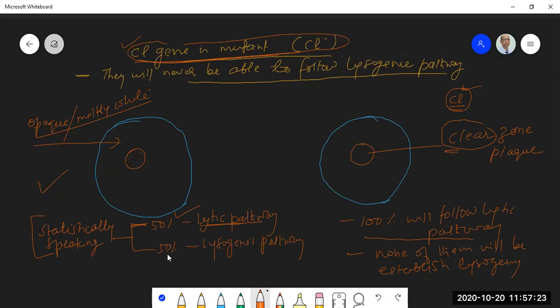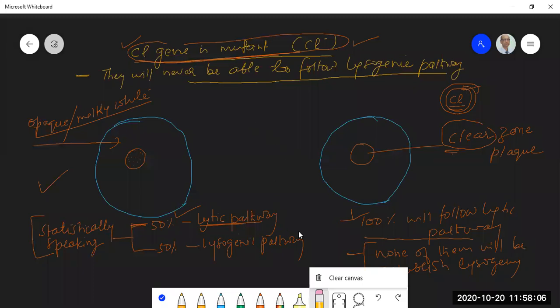Whereas in 50% of cases, the bacteriophage DNA has integrated itself with the bacterial DNA, the bacterium has become lysogenic, and you see the growth. But if the bacteriophage lambda has a mutant CL gene, after the same experiment you see a clear zone, clear plaque next morning. None of the bacteria is capable of establishing lysogeny because the CL gene is mutant. All 100% of them will follow the lytic pathway, so there won't be any bacterial colony, everything will be just clear. And therefore the name CL, clear gene.